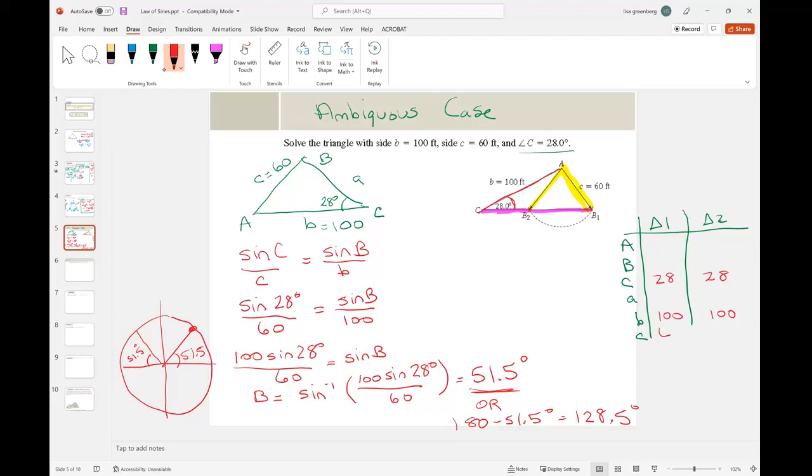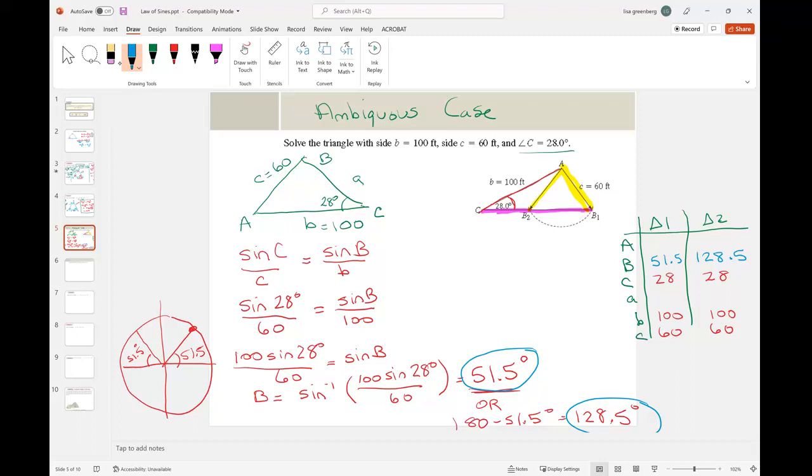And side C equals 60, and again, that can't change. But for B, I have these two possibilities. In B, I'll make triangle 1 51.5 and triangle 2 128.5.